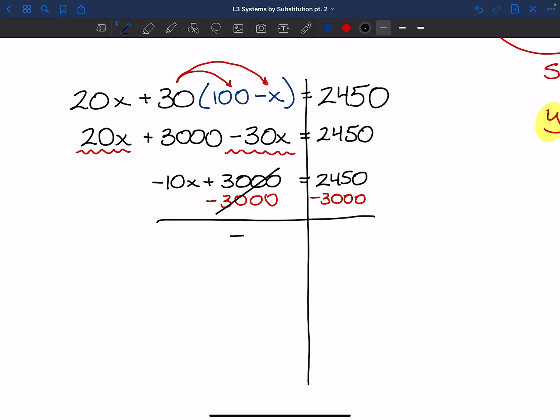Then we'll get negative 10x equals 2450 minus 3,000, which gives us negative 550. Divide both sides by negative 10 to get rid of that from the x's. And we're going to get 55.